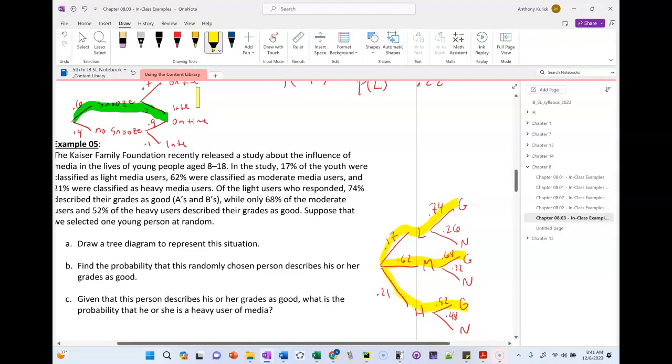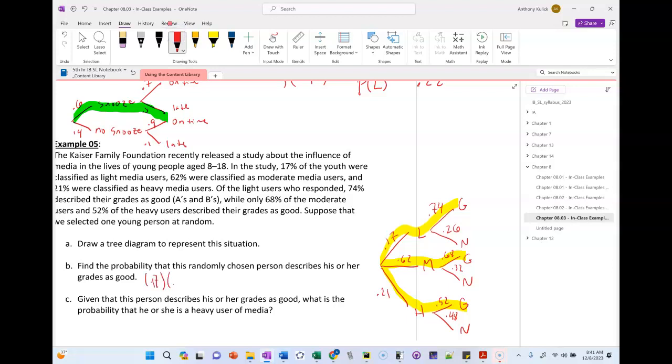There's 3 paths, right? What's the probability along the first path? Just multiply the 2 probabilities. And then we add. What's the probability for the second path? Great. And then for the third path? Great. So that's what you do.